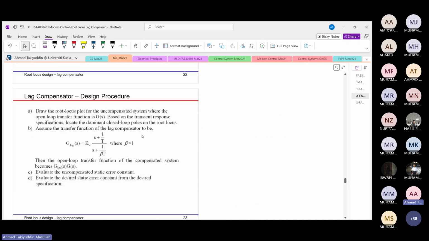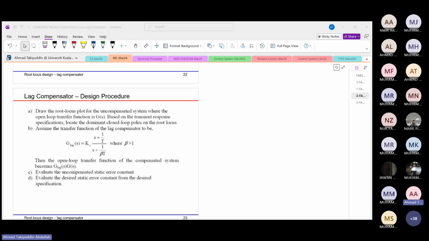If you look at the procedure that you have here for the lag compensator, first thing first, of course, you need to have the root locus plot of the original system before you can come out with the dominant pole.